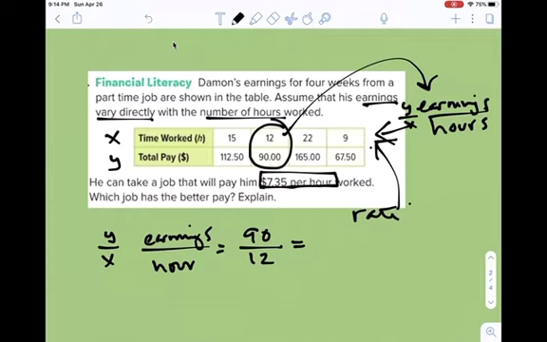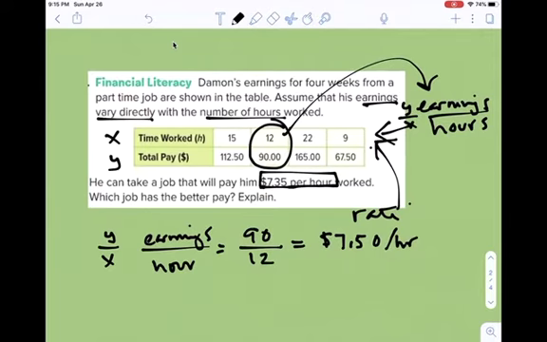If I divide that in, I know 12 times 7 is 84, and I know 12 times 8 is 96, and 90 is halfway between that. All right, so that means it's $7.50 per hour is what he's making at his part-time job right now. He's making $7.50 per hour.